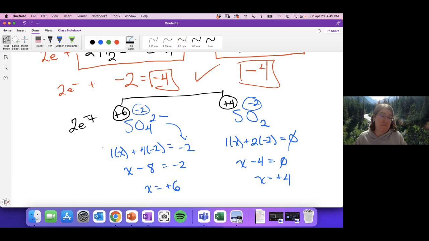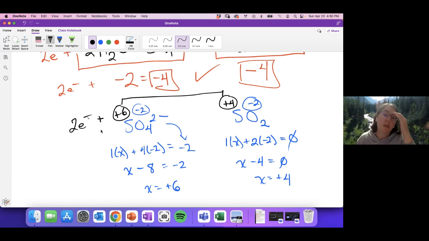Notice I get the same answer. The reason why I like the oxidation state way better is because I don't have to get the balancing correct to get the electrons correct. So this actually allows a really nice double checking mechanism in my work.